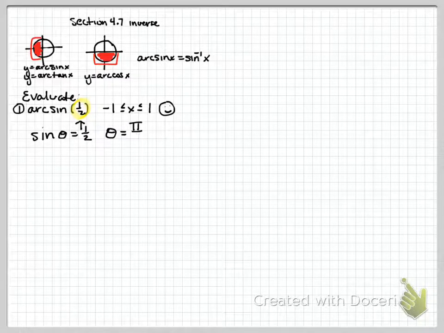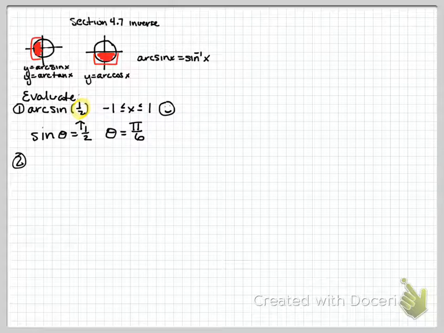And that's going to be pi over 6. So this whole thing, arc sine of 1/2, is equal to pi over 6. Now let's do number 2. So yeah, we're already done with number 1. That's it. We're just trying to find the angle that makes that value, that 1/2. And we're only going to have one angle when we do inverse, because we have that restriction.